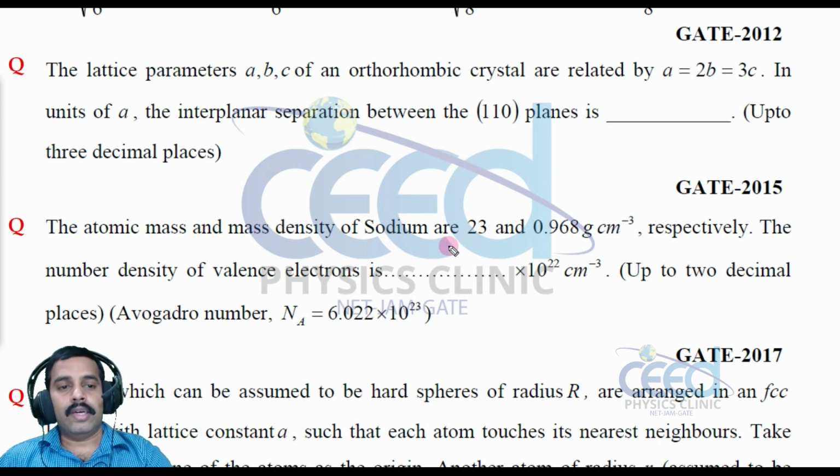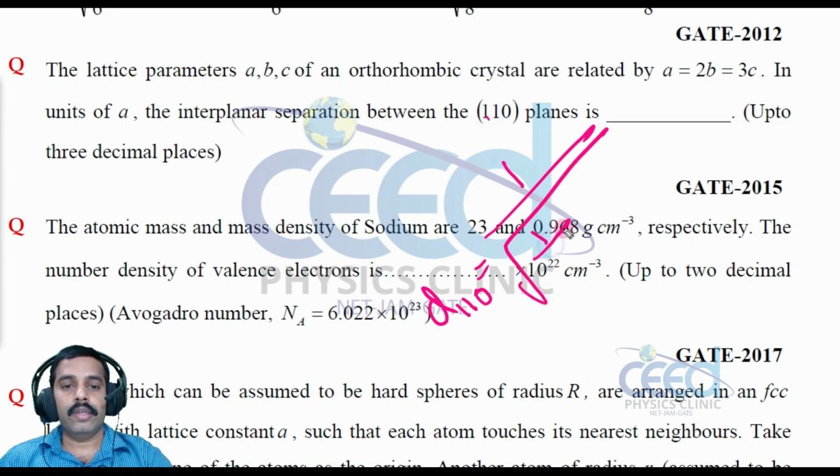So we can directly use the relation, right? d_110 = 1 by root of (h squared by a squared plus k squared by b squared plus l squared by c squared). Here h is 1, so 1 divided by a squared, plus k is 1, but b is equal to a by 2, the whole square, and the next term is 0 because the l value is 0.